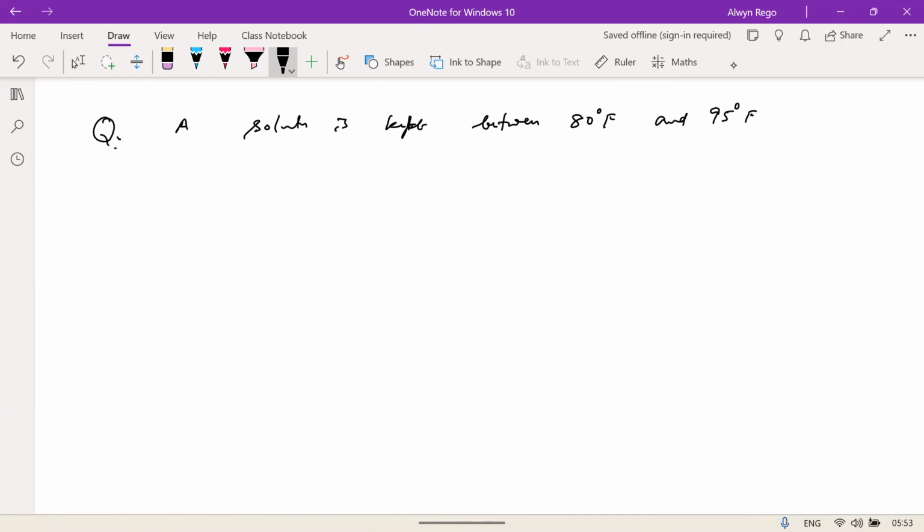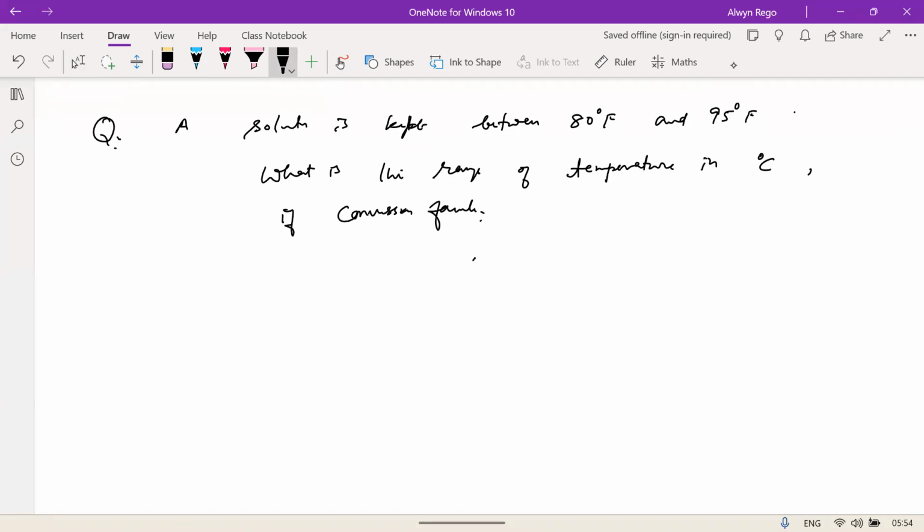What is the range of temperature in degrees Celsius if the conversion formula is Fahrenheit is equal to 9 by 5 times C plus 32.